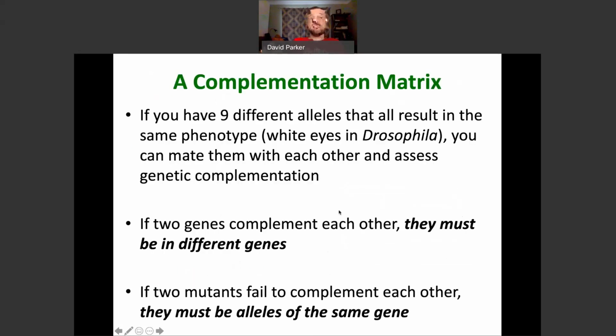This is an important concept to understand, and it's actually important because you can use it as a tool. So imagine that I was a Drosophila biologist, which for me is not much of a stretch because I was for many years.